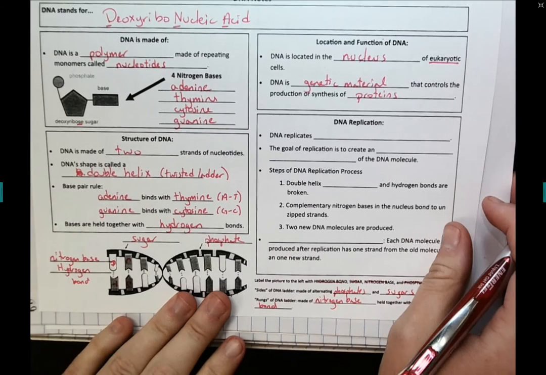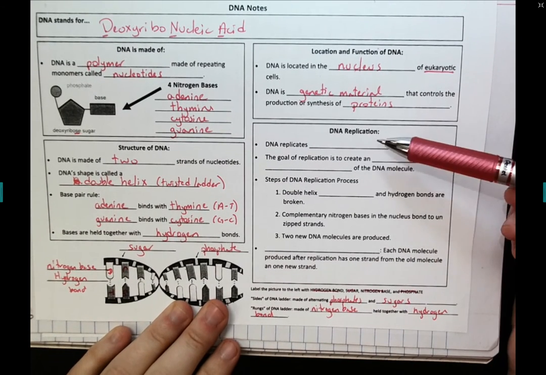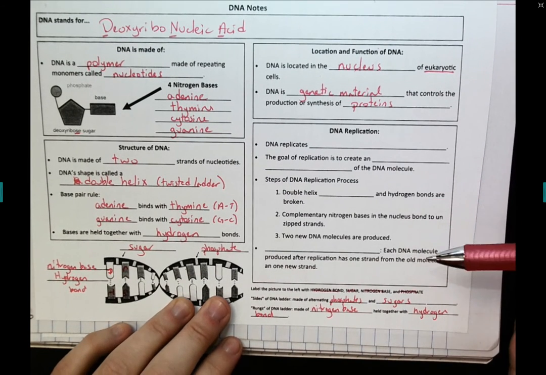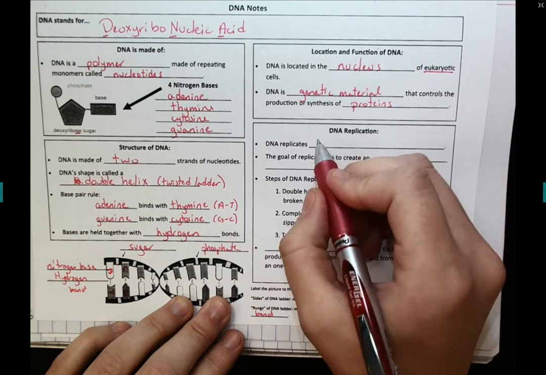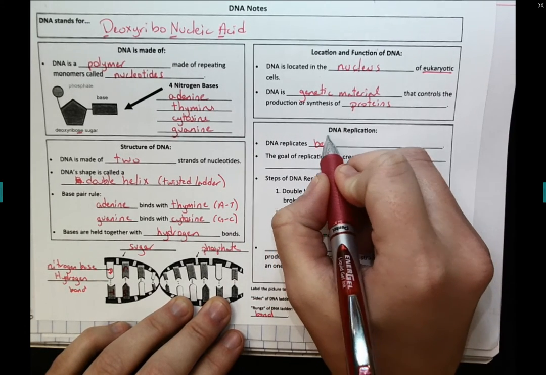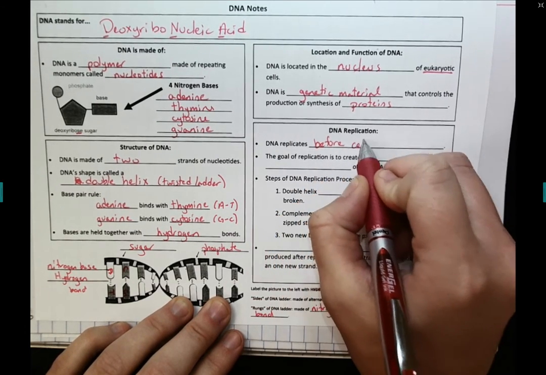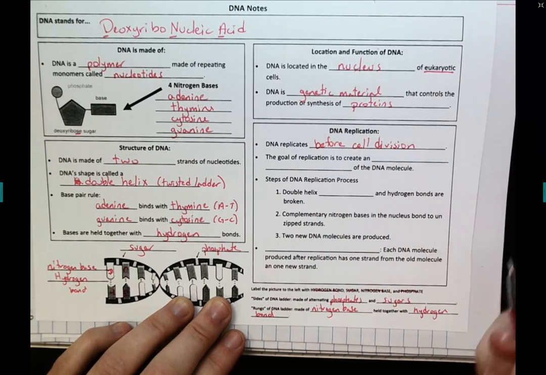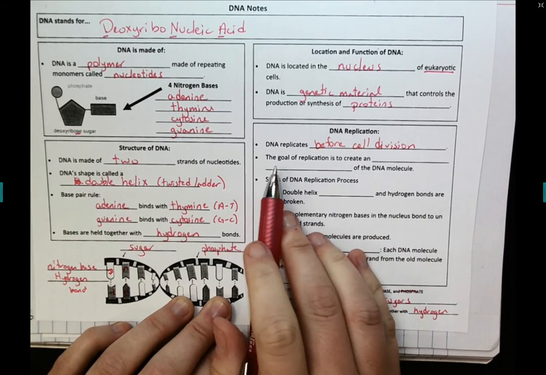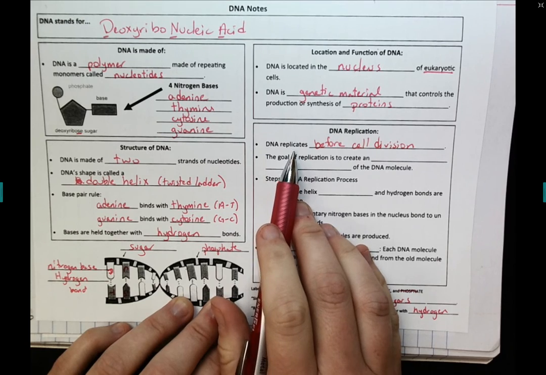We're going to do a quick overview of DNA replication in our DNA structure notes. We need to know that DNA replicates before cell division. Right? I'm sure you've heard of mitosis. So DNA has to replicate before cell division.